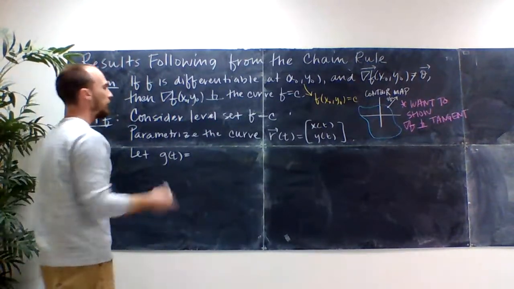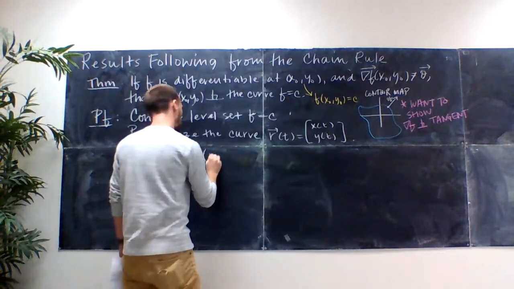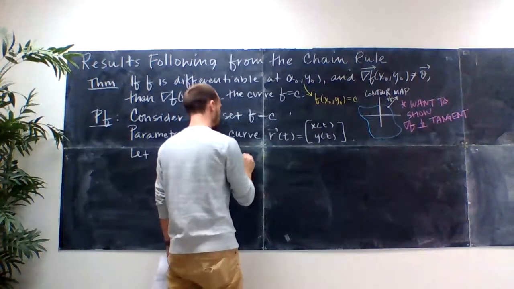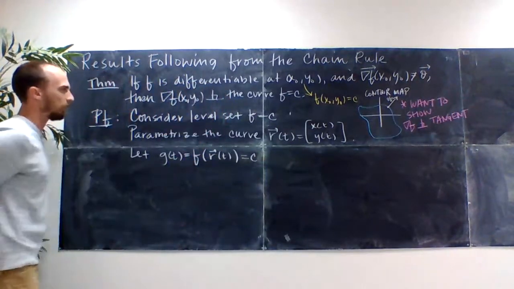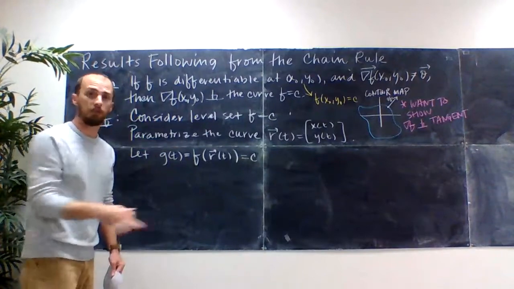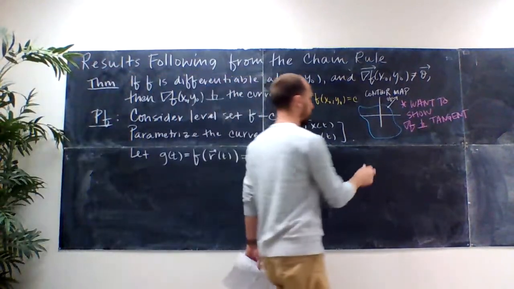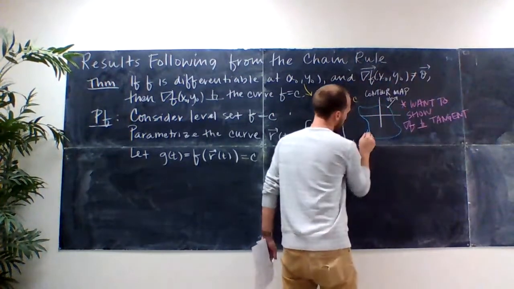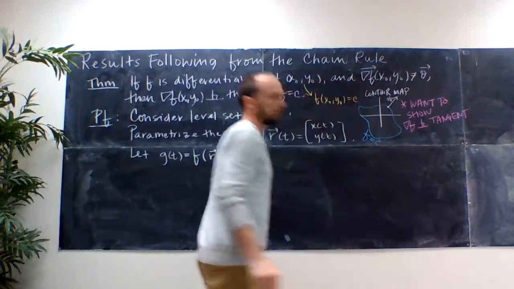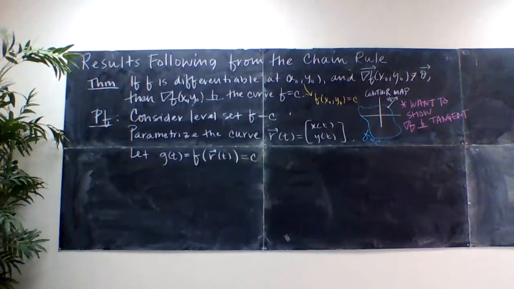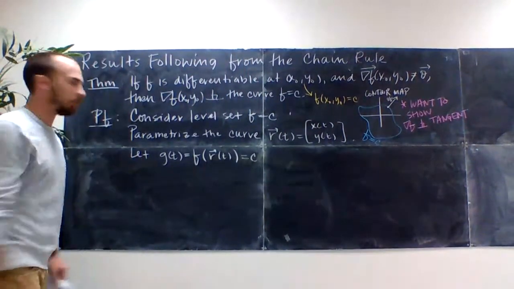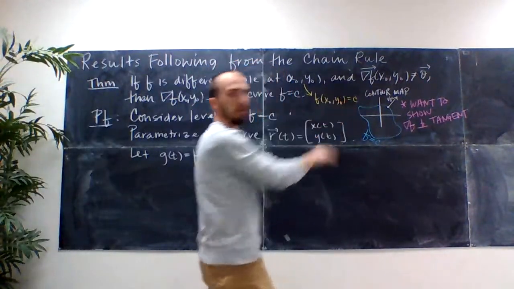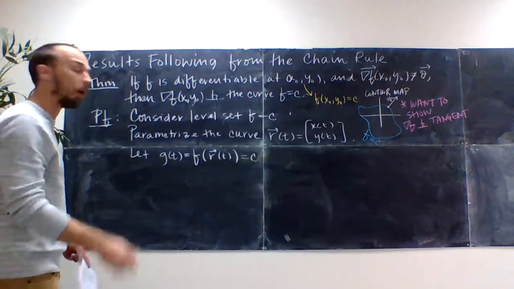Let g of t equal f of r of t, and that's equal to c. That's the whole idea: the curve defined by r of t is all of the places where f is equal to c, f equals c, and this is also the trace of r of t. I'm not saying this has to be a closed loop, though sometimes for these contour maps they are.